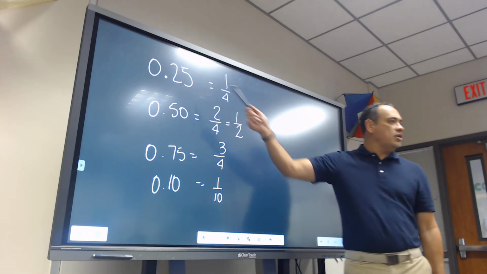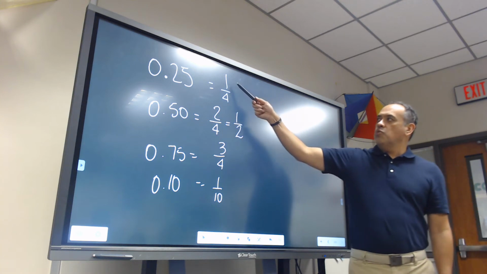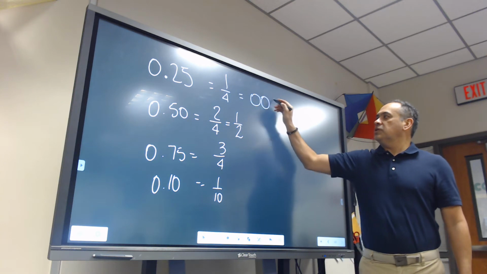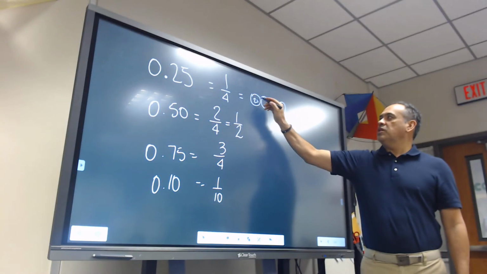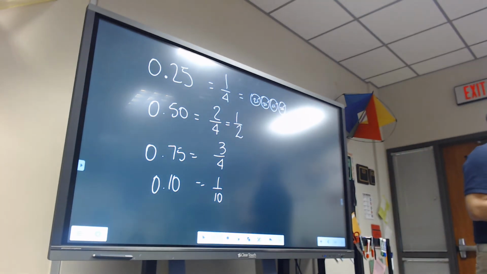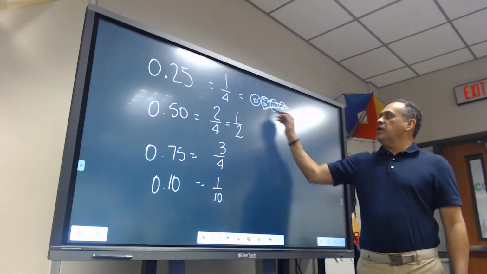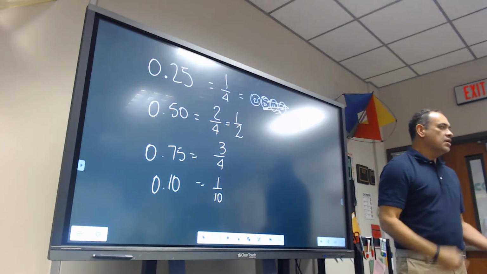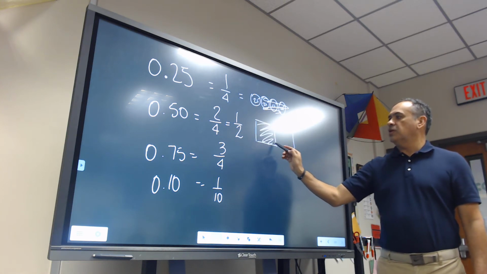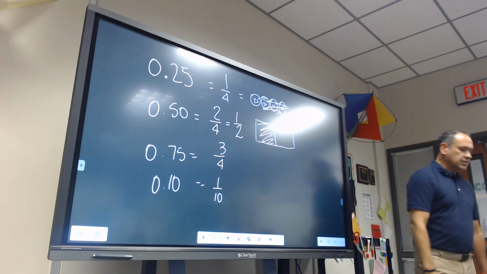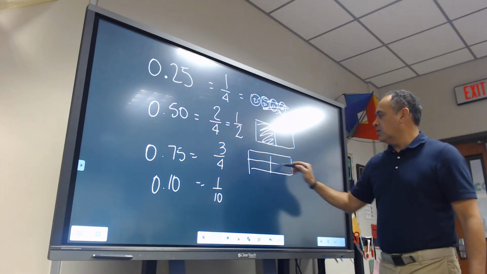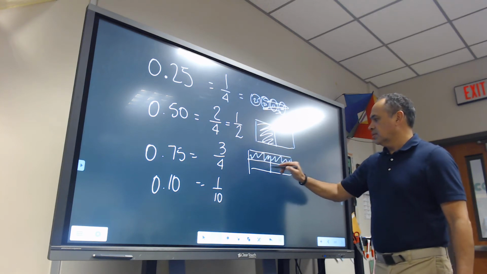And as we can see here, we turn 25 as a decimal into 1/4 because we have 4 coins of 25 cents in $1, right? So when we have 25 cents, we only have 1/4. 50, you know that we always make those models, so it looks like that. 75 cents or 3/4 will look like this.